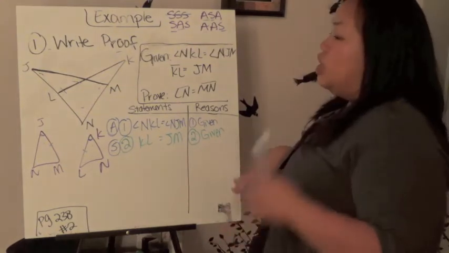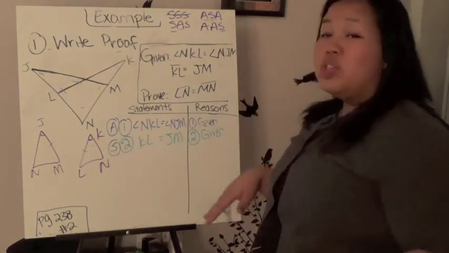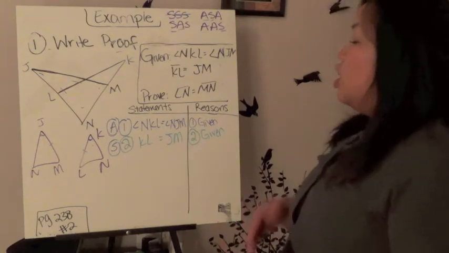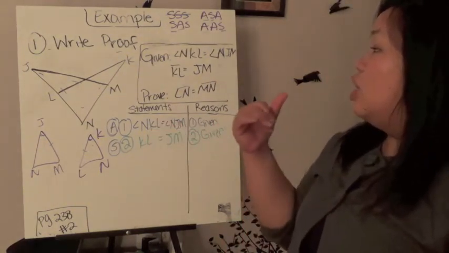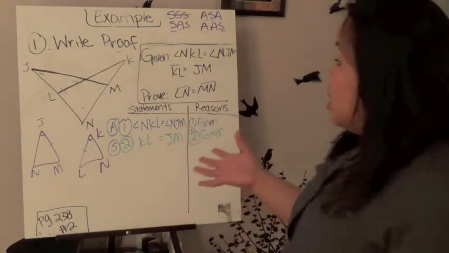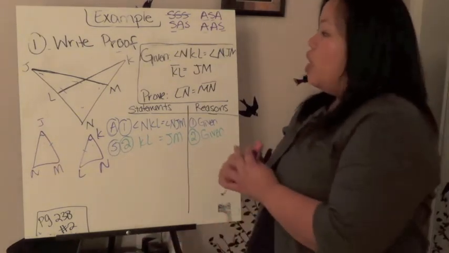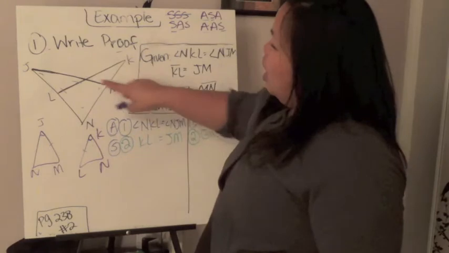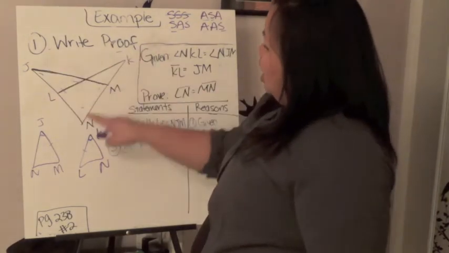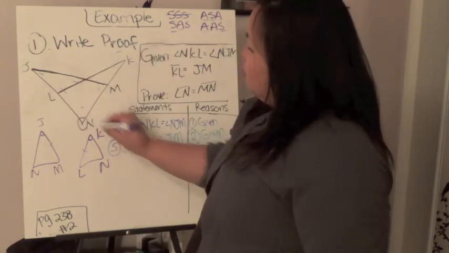Just like we did in the last section, please make sure to see if they share anything. In the last section they shared a lot of sides. In this case, you share an angle. Can you locate the angle that they share? In this case, it's J and M, and LKN. So this angle, they both share.